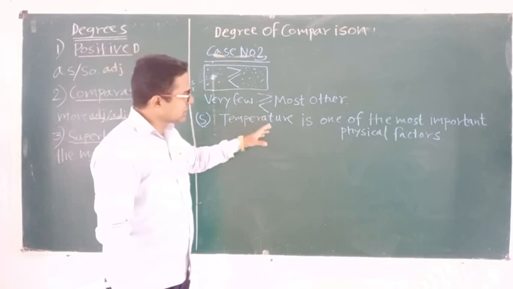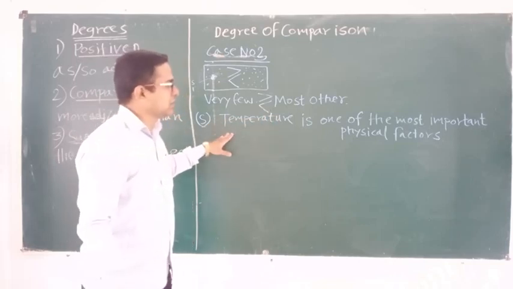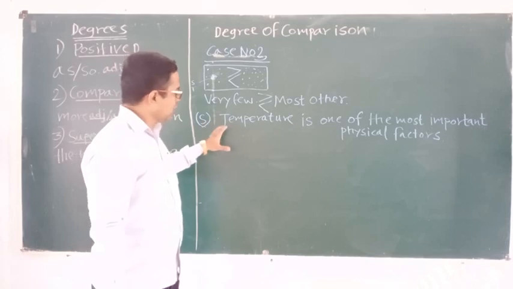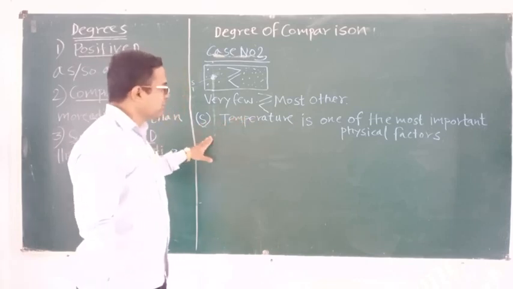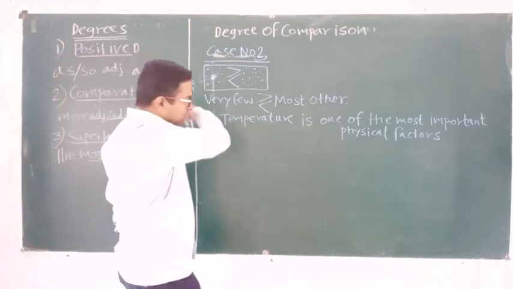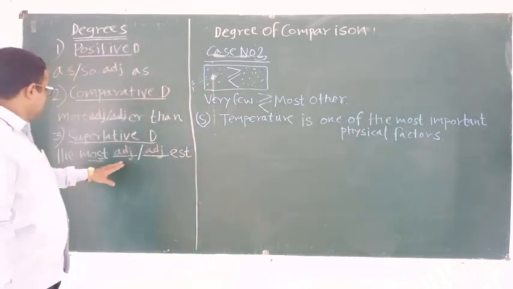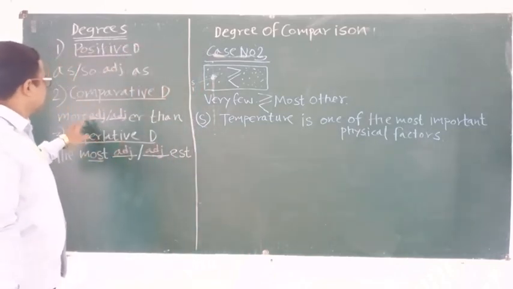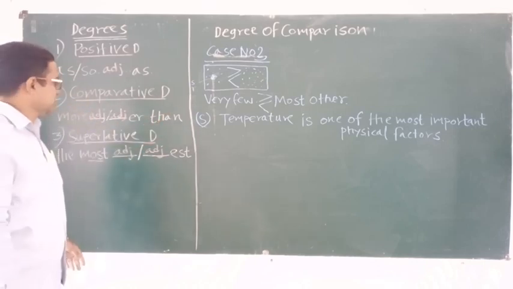Now the given sentence is once again in superlative degree, and now we have to change it into comparative degree and then positive degree. So we have to use this structure while changing the sentence.